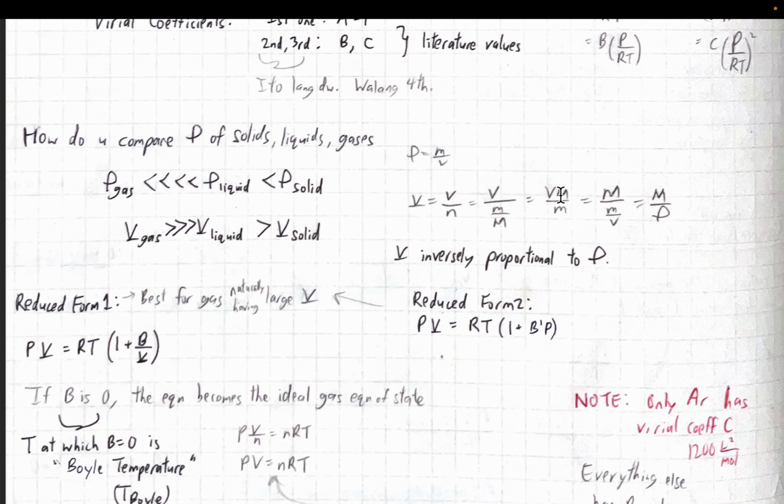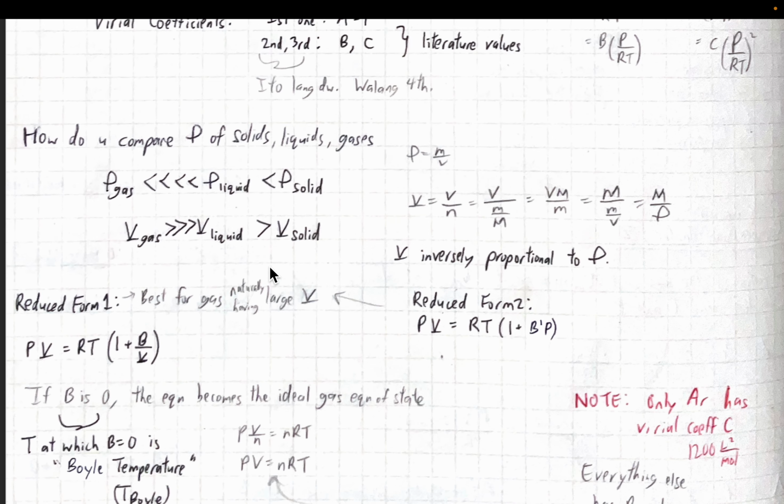So volume here becomes, moved to the bottom of the mass in the denominator, and from there we know that density is mass over volume, so we substitute. So molar mass over density equals molar volume. If we move the density to the left side, then that's going to be density times molar volume. Knowing that they multiply to each other, that means their relationship to each other is inversely proportional.